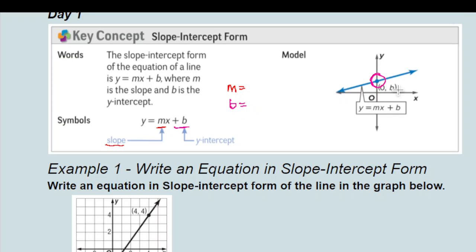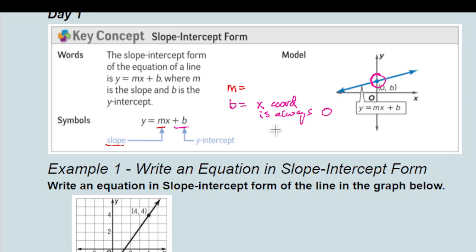And one of the things about y-intercepts that's really important to understand is if it is where it crosses the y-axis, your x-coordinate is always 0, right? Your x-coordinate for your y-intercept is always 0. So that's a good way that you can recognize it in coordinate form.